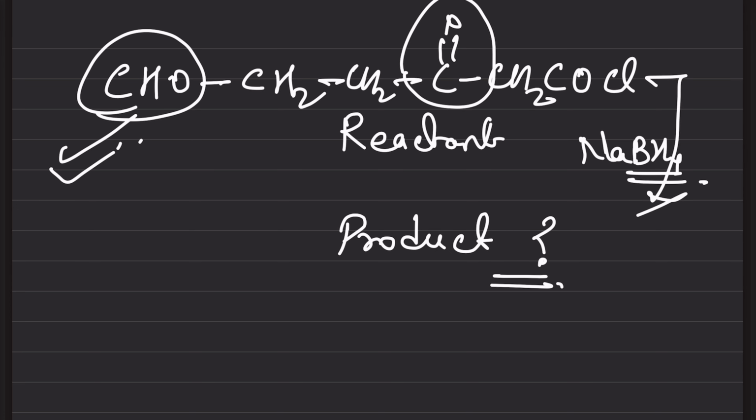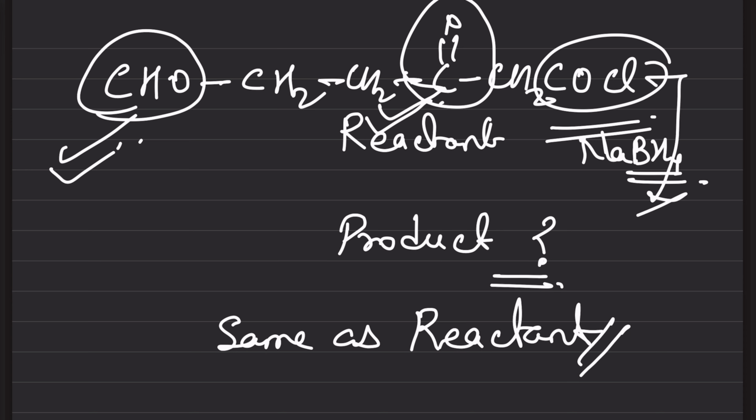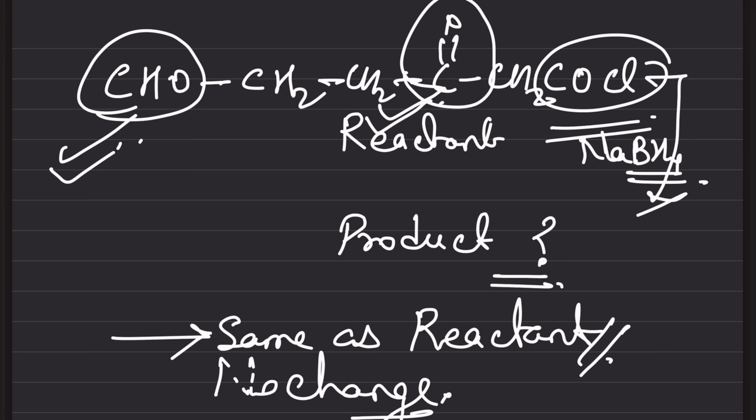As it does not reduce this ketone, no change here, and also no change here as it does not reduce this. So the product will be the same as the reactant. No change will be there, as it does not reduce any of these, and it also does not reduce any other acid derivative.